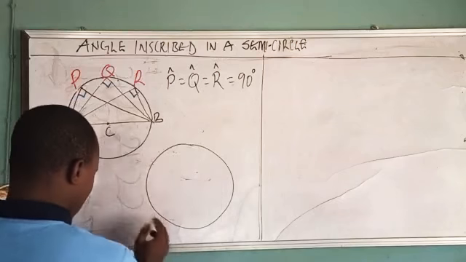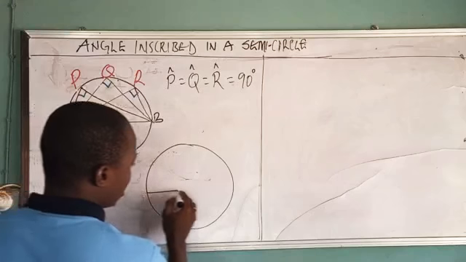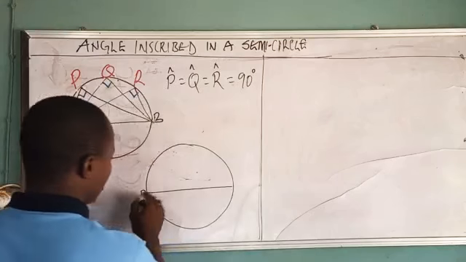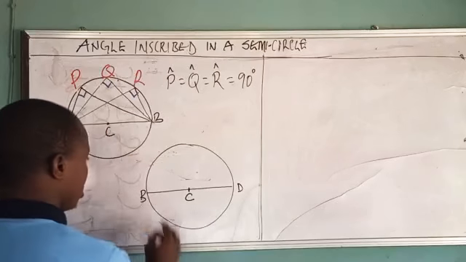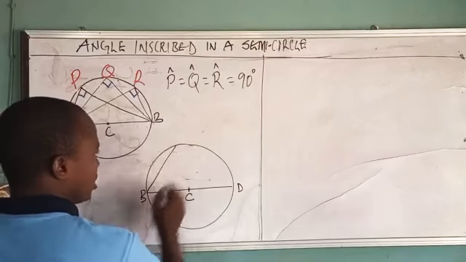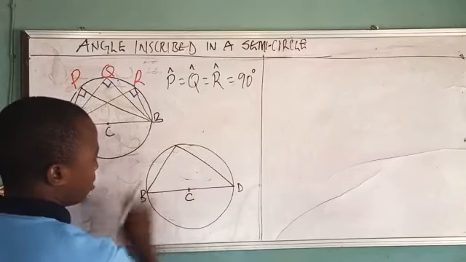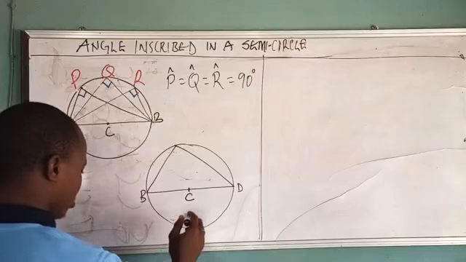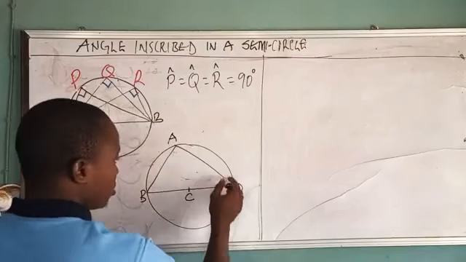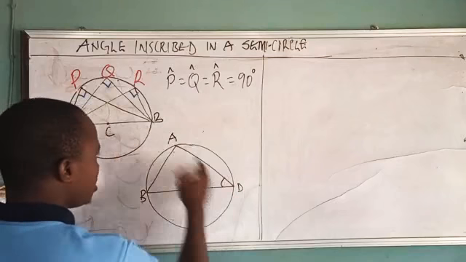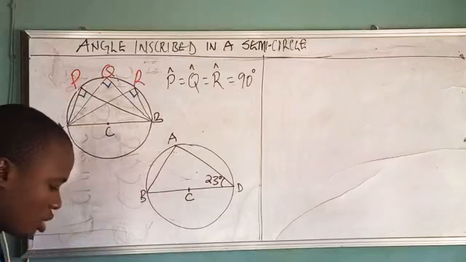Then we have a diameter BCD, with center C. Then we have a point here, this one is A, angle A. Then we have BDA to be 23 degrees.